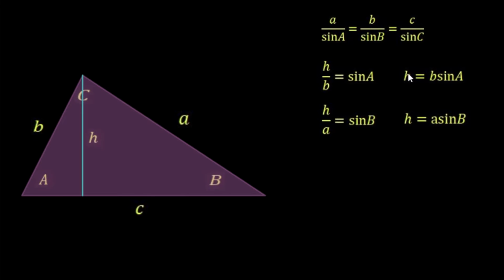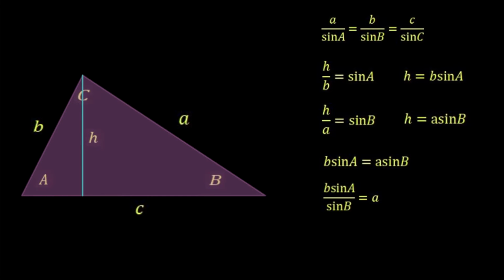So that means that h is this term here, and h is also this term. So it means that this term here must equal this term. So we can say that b sine A is equal to a sine B. Now if we want, we could divide this side by sine B and divide this side by sine B. And that would give us b sine A divided by sine B is just equal to a.